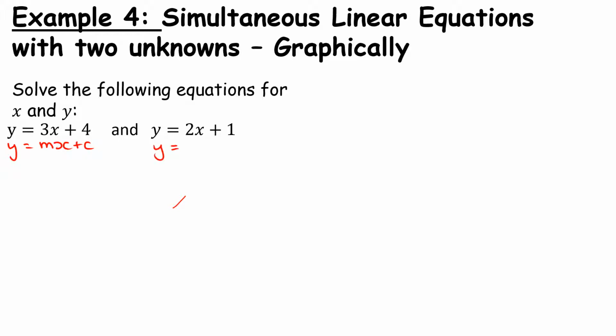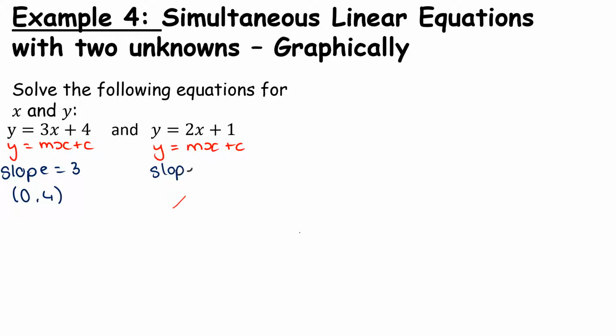And the letters, what they stand for, m is your slope. So my slope of this is 3, and c is what's called the y-intercept. So it's (0, 4) where that line crosses the y-axis.